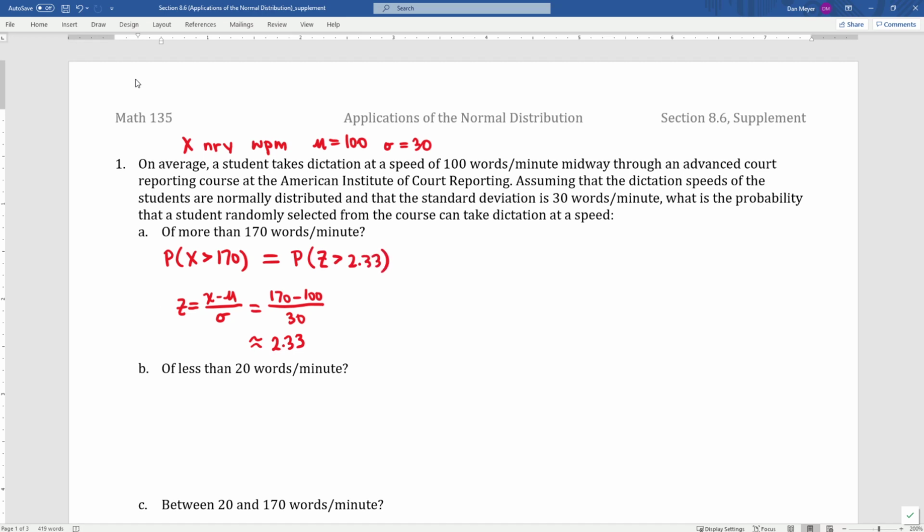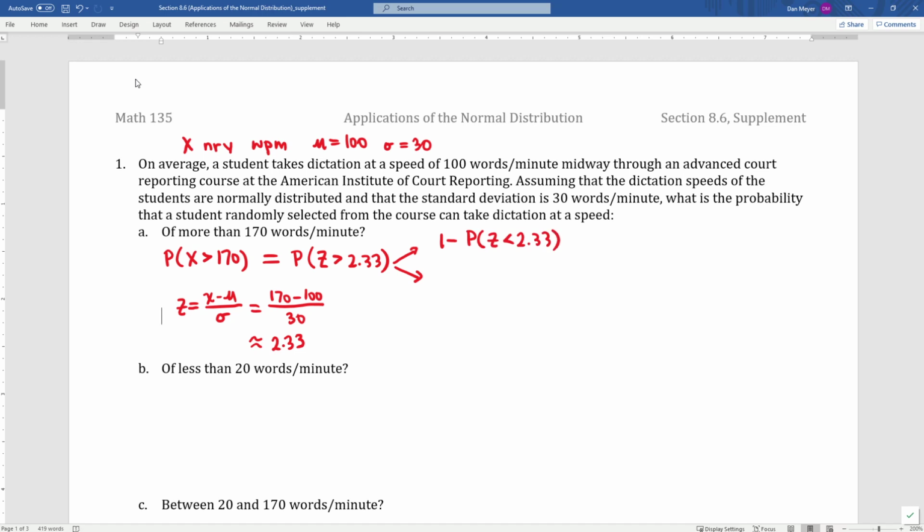All right, now we have a more than problem about a standard normal random variable z. We want to use our z-table, but our z-table only gives us the less than answers, so we have to convert this to a less than. We have two options. We can use the complement and say that this is the same as 1 minus the probability that z is less than 2.33.